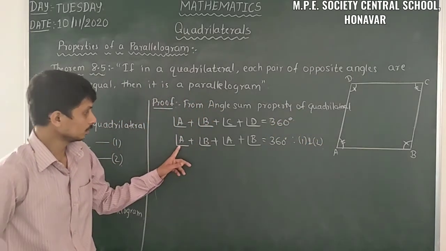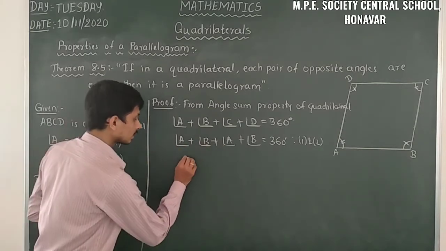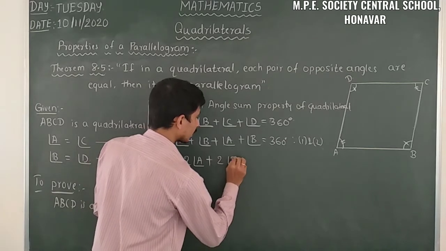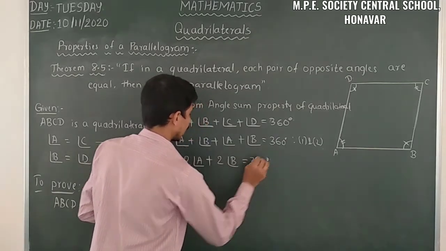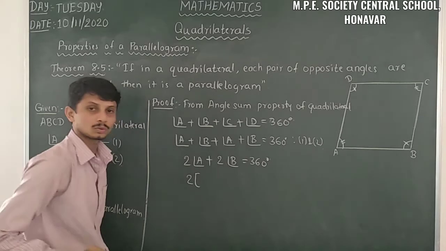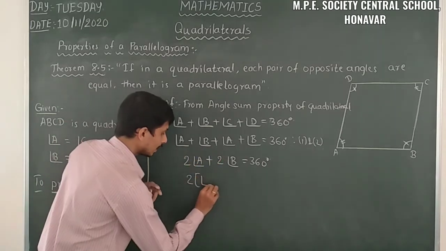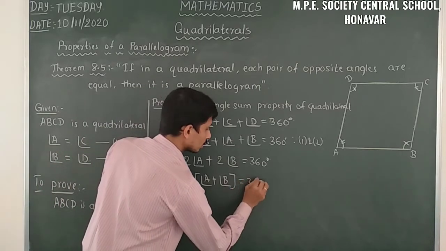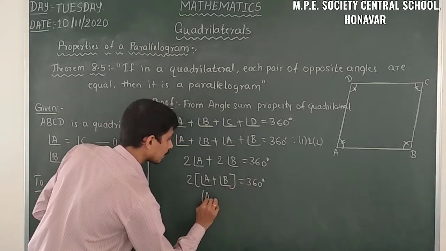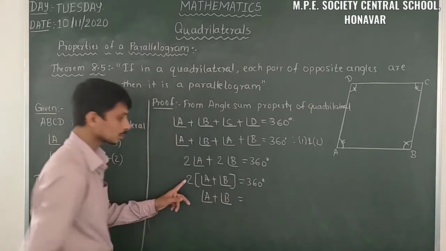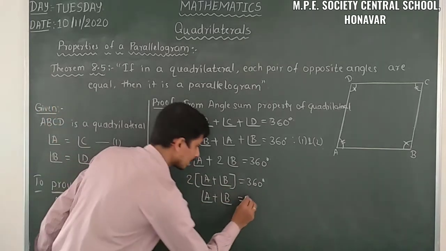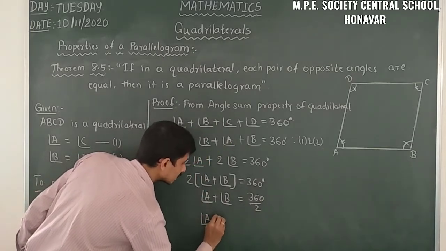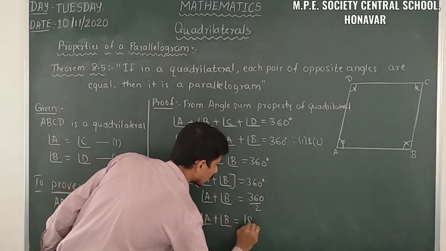Then angle A plus angle A is 2 into angle A, plus angle B plus angle B, that is 2 into angle B, is equal to 360 degrees. Taking out 2 from both, we get 2 times angle A plus angle B is equal to 360 degrees. Transposing the 2 to the RHS, it goes to the denominator: angle A plus angle B is equal to 360 divided by 2, that is 180 degrees.